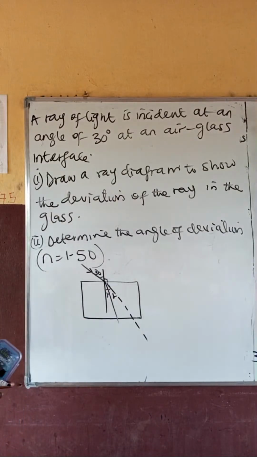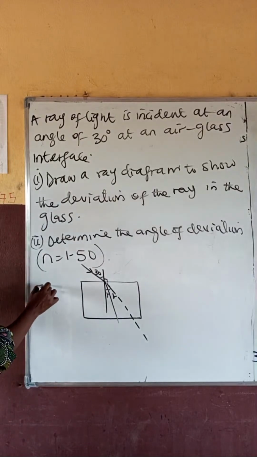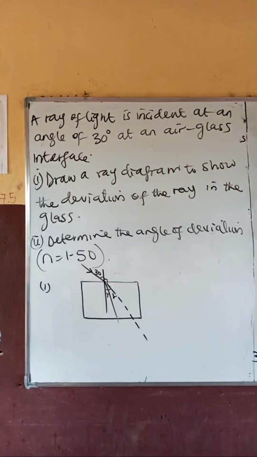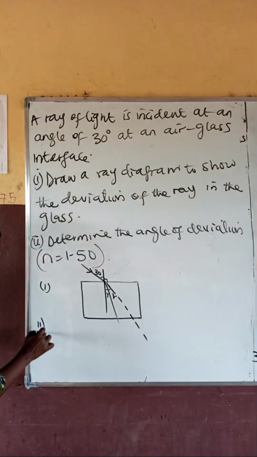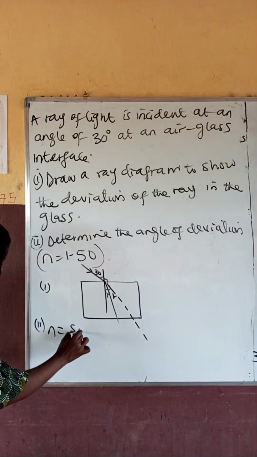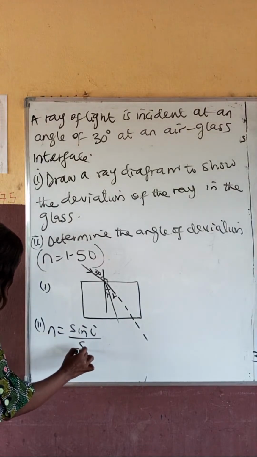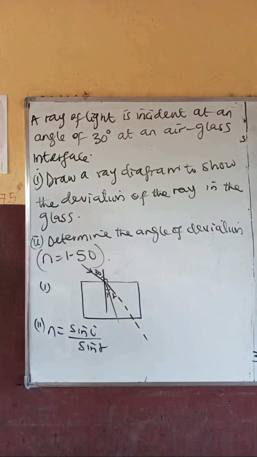Okay? Then the second question, this is my first question. The second question says I should calculate the angle of deviation. How do I calculate the angle of deviation? I don't even have the angle of refraction. Okay? So what I'm going to do is to say that n is equal to sine i over sine r, right?